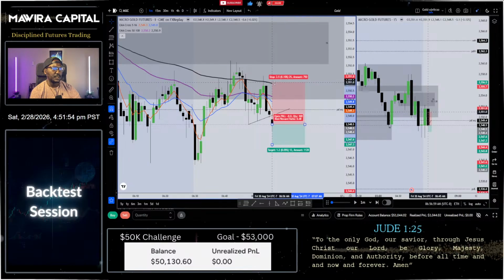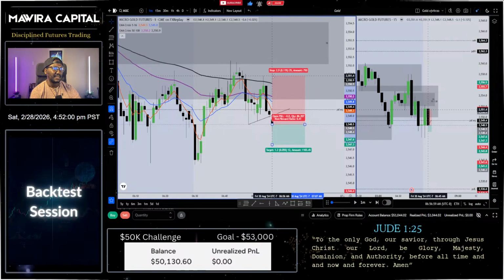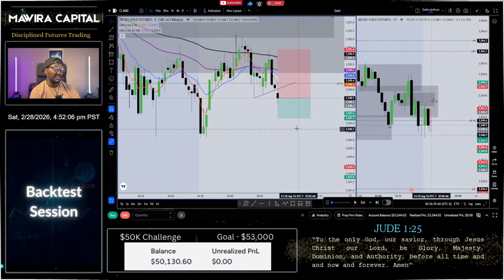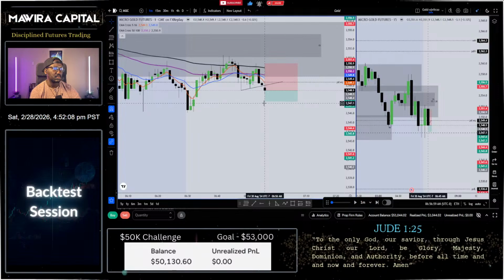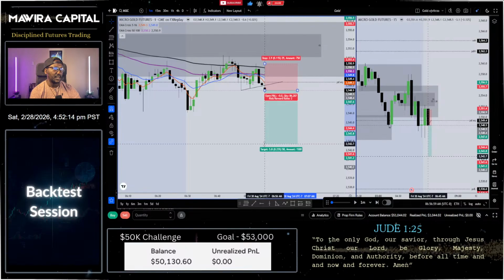Now, my stop loss goes above the black EMA, but that high is just right there. So I'm going to have it above the high of that candle. It's just too near. So that becomes my go-to area for the stop loss, for 1:2.